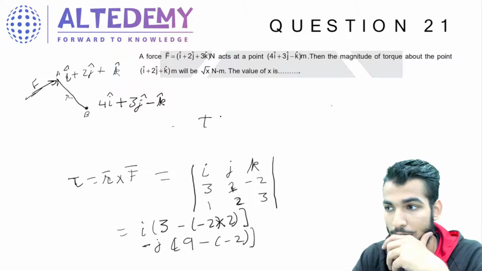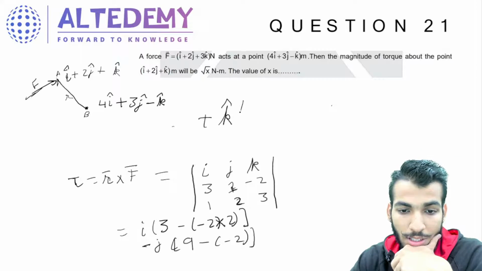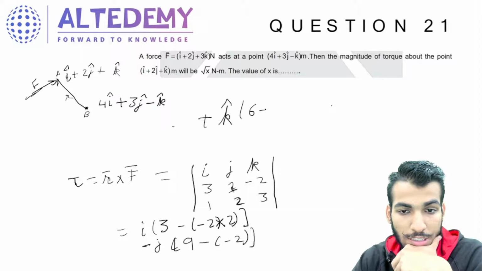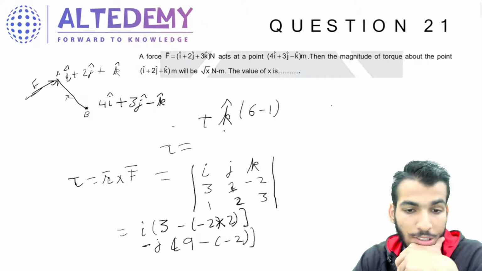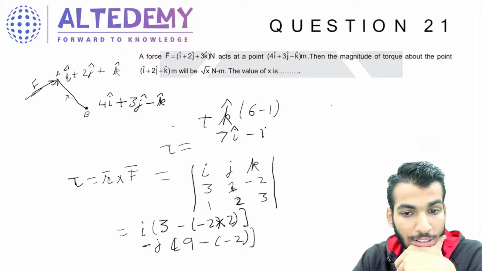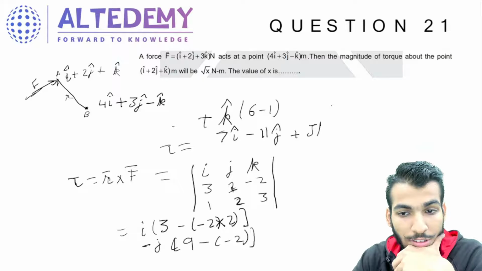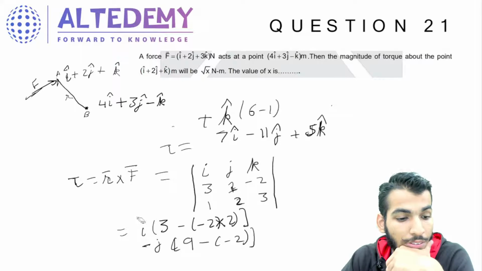Plus k cap, 6 minus 1, that means 5. Okay, let's write down the resulting torque, which will come out to be 7 i cap minus 11 j cap plus 5 k cap.